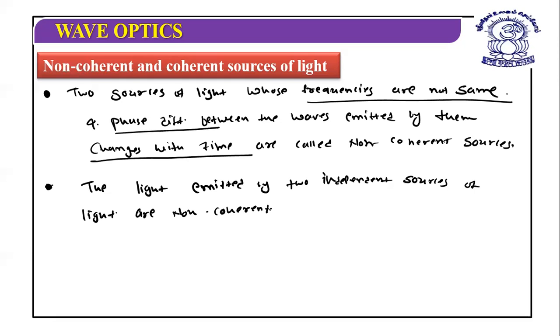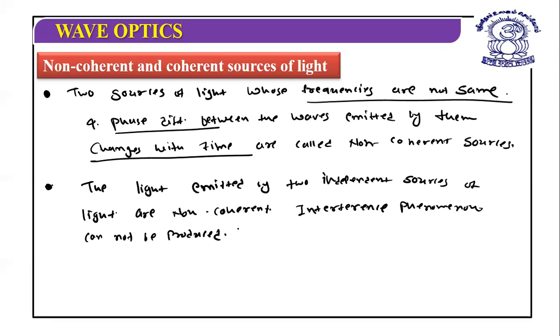And if light sources are non-coherent, then the interference phenomenon cannot be produced. Interference phenomenon can be produced only when the light waves differ in phase only, and the phase difference must be constant, plus their frequencies must be same.